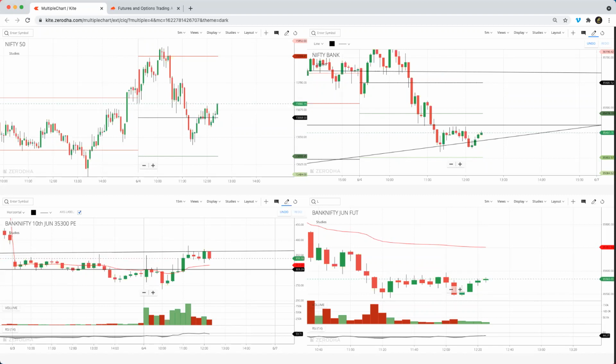So Nifty is picking up. Today Nifty is looking stronger than Bank Nifty. Nifty is looking pretty strong right now. So chances increase that we would probably go wrong on our trade. Let's wait and see.